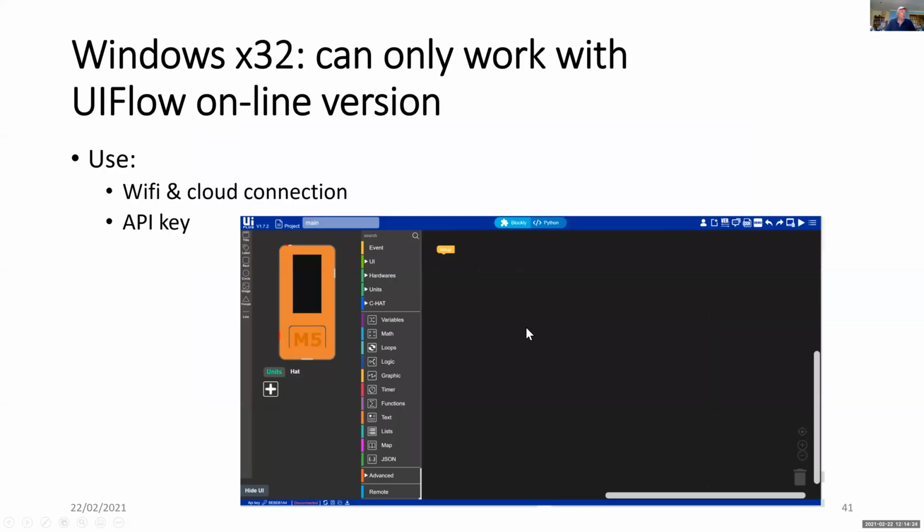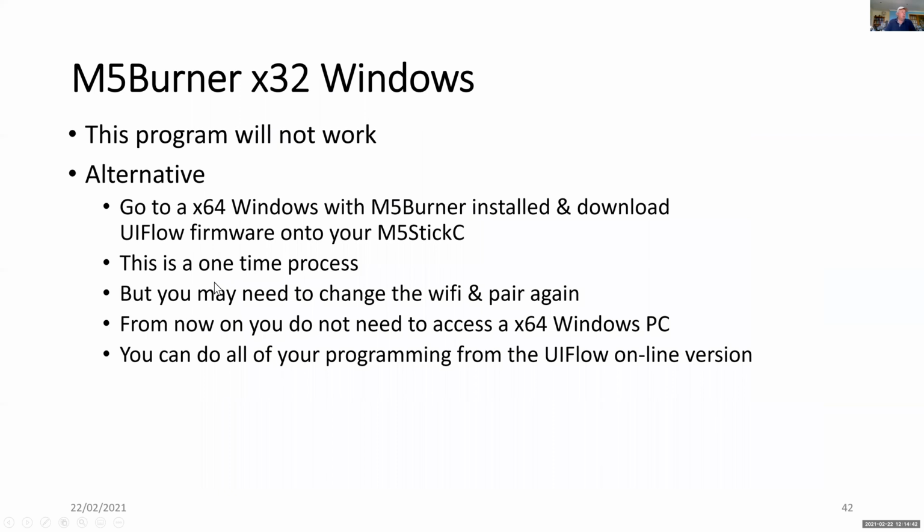Now, the only problem is that on Windows 32, it will only work with the UIFlow online version. And so you'll need to get your API key going, and you're going to use Wi-Fi and the cloud connection. But there is still one problem, and that is the M5Burner will not work on Windows 32. So the alternative is to go to a Windows 64, and you only have to do this once.